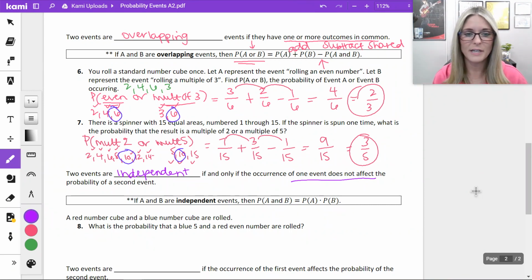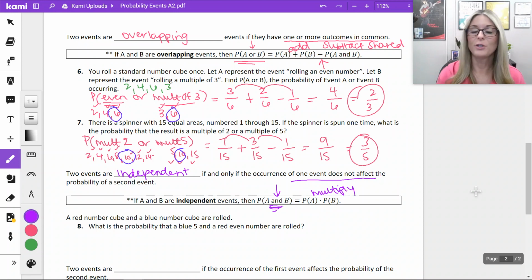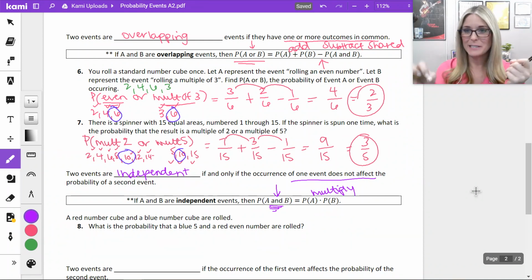Your probability rule down here says in the box, if A and B are independent events, then the probability of A and B happening together is equal to probability of A times probability of B. We're going to multiply. If you want 2 things to happen together, I have to roll this and spin that to win the game. I have to have those 2 happen together. I multiply those chances together.